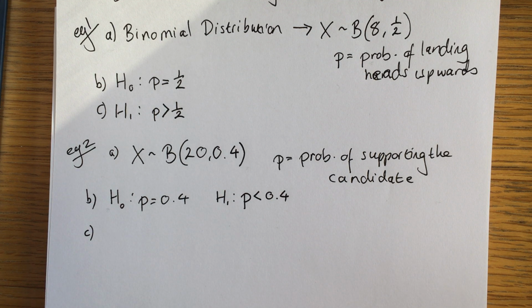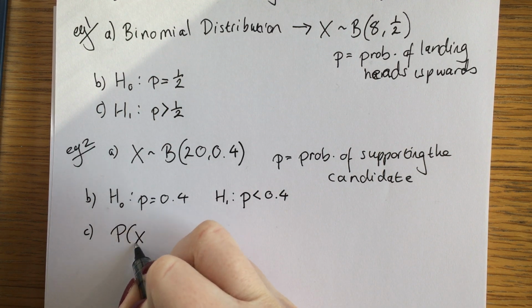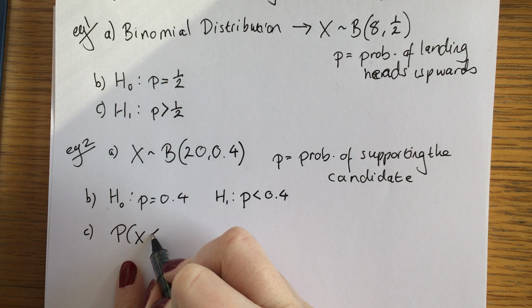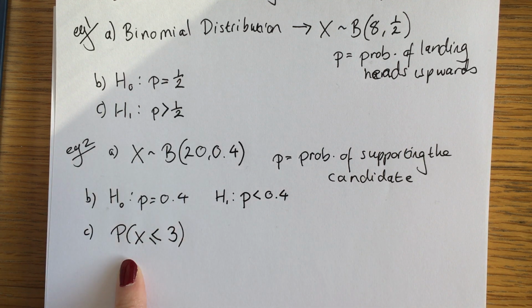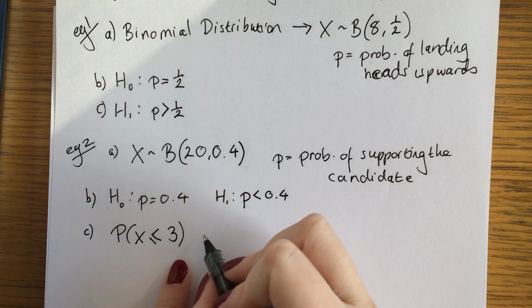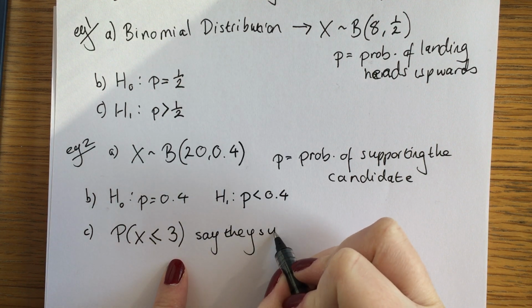So what we're doing is we're comparing the likelihood that less than or equal to 3 people say they support her.